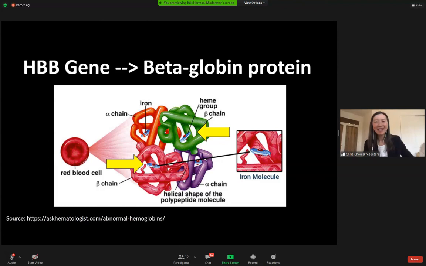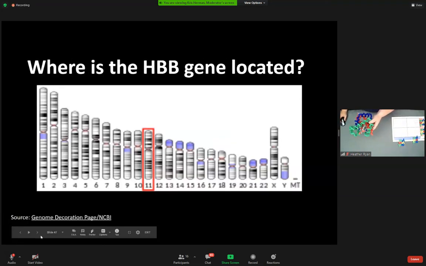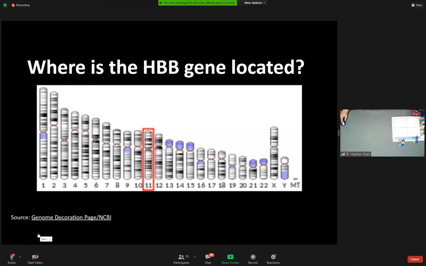So anyway, the HBB gene encodes for the beta globin subunit of this protein, and it's pretty important to have this in your red blood cells. In the next slide, we're going to zoom down for kids to look at the molecular level. Where is the phenotype of this genetic disorder coming from?